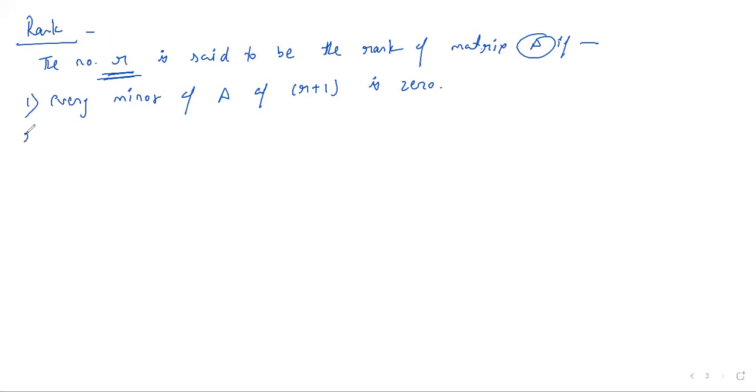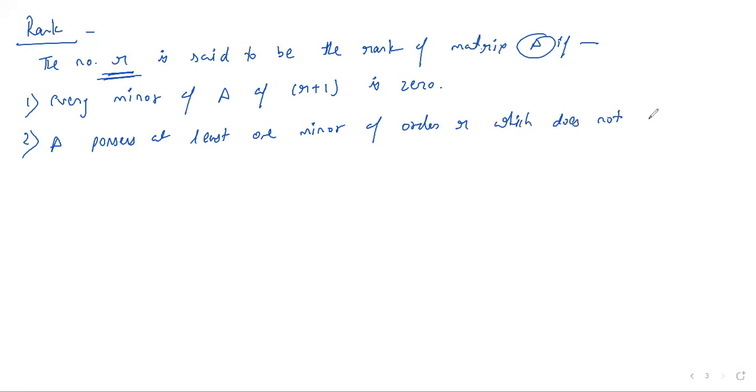The second condition is that the matrix A possesses at least one minor of order r which does not vanish. That means the matrix A has at least one minor of order r which does not vanish, which doesn't have a determinant of 0.